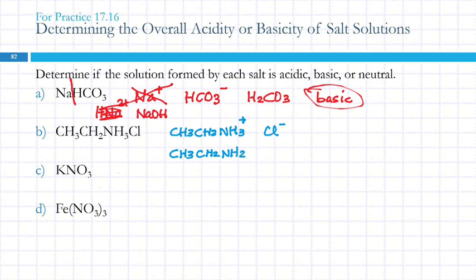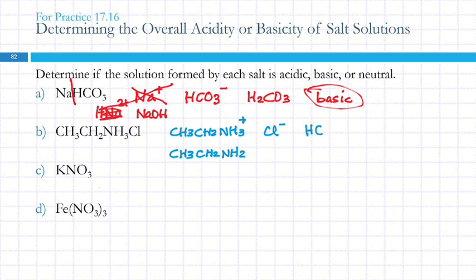Okay, that didn't help. Well, it's supposed to help. Do you see that nitrogen in there? Yeah. Nitrogen with hydrogens and carbons, weak base. If this is a weak base, that's a weak acid, right? Chloride, what's that a conjugate of?